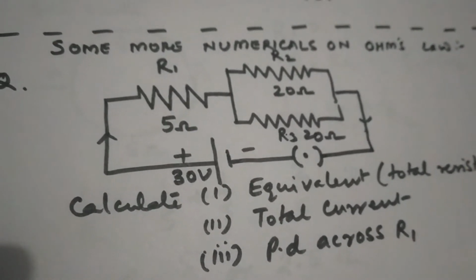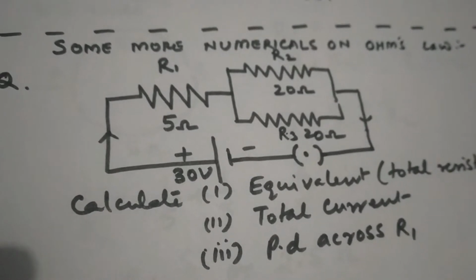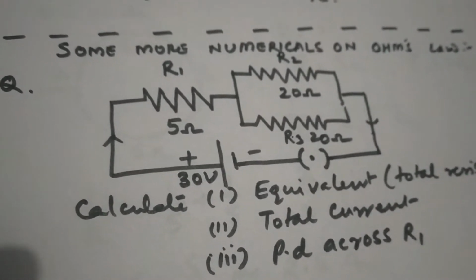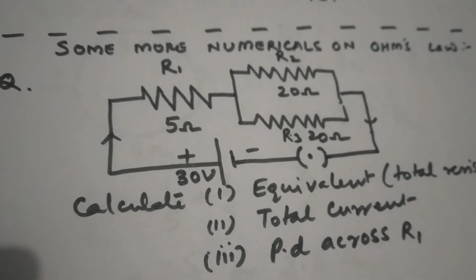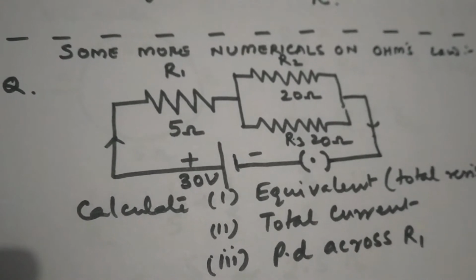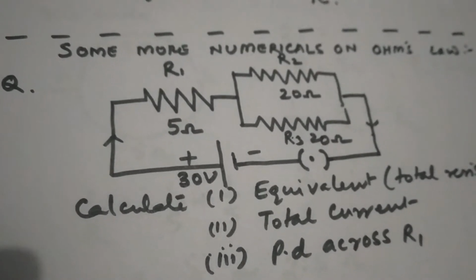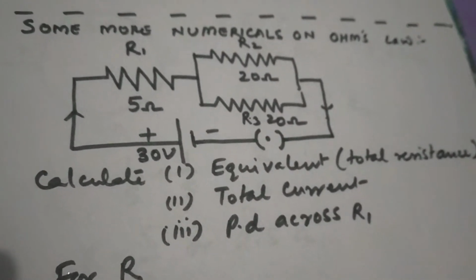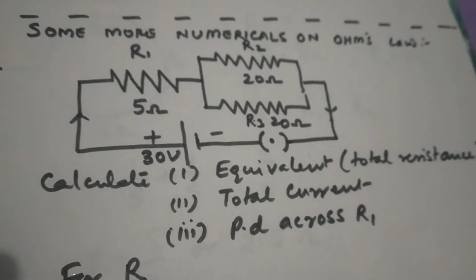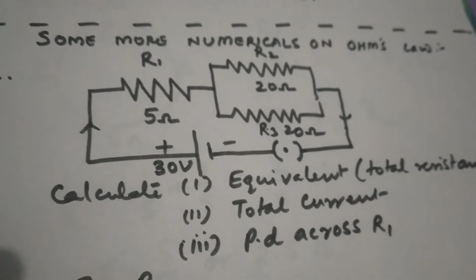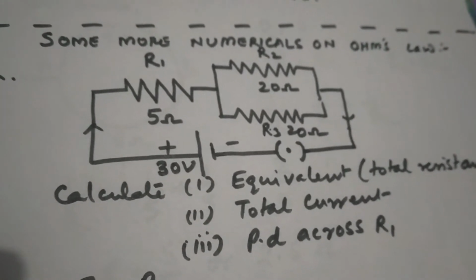You are given R1 as 5 ohm, R2 as 20 ohm, and R3 again 20 ohm. But this is a mixed circuit. There is a parallel combination and also a series combination. If you want to find the equivalent or total resistance of this circuit, what step has to be followed? That has already been told to you in the last lecture.